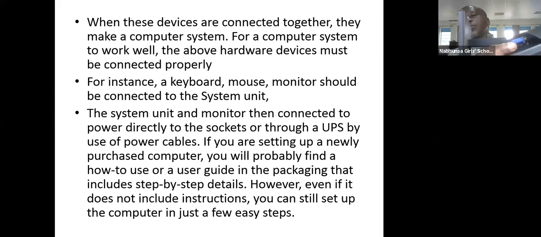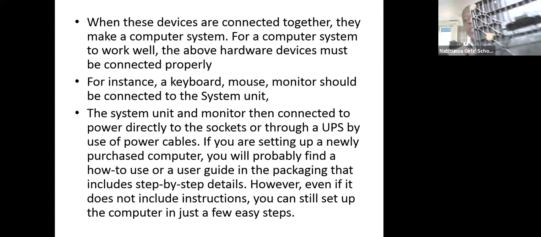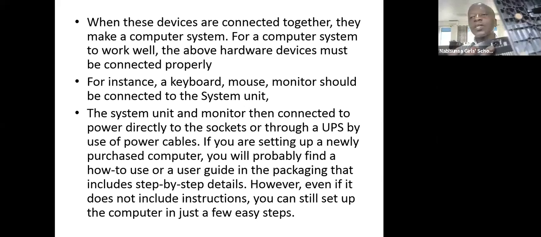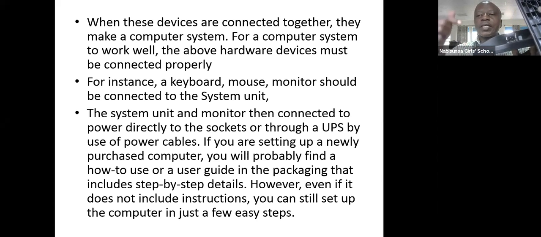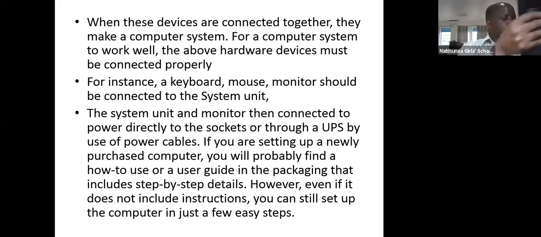Now this is it. You connect it here. You don't see very well because I'm holding the monitor. I can't hold the camera. You are able to see it from here. And then on the other side, we have the power connector. So we get another power cable connected here and then to the socket, and then switch on the monitor.